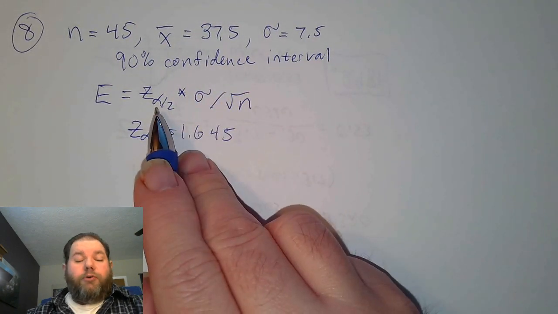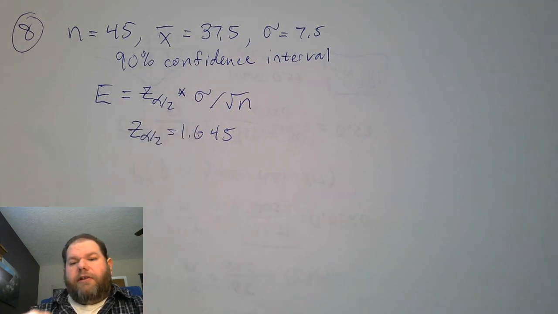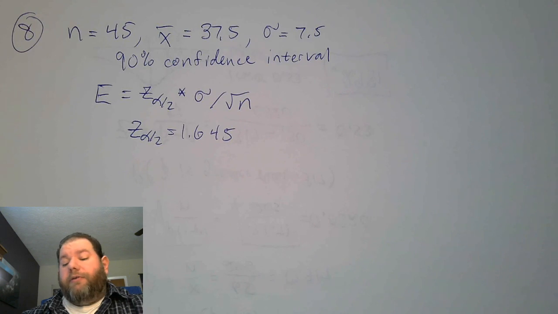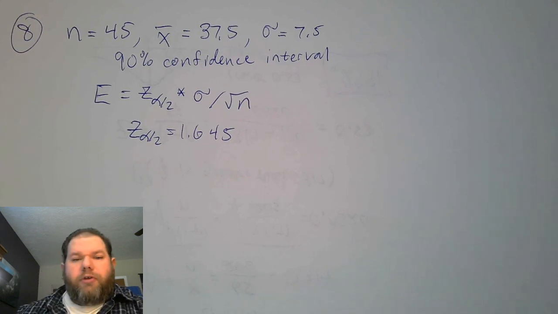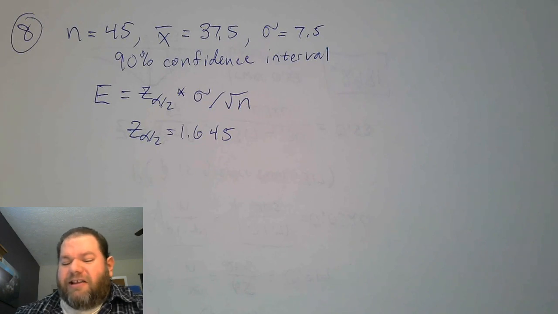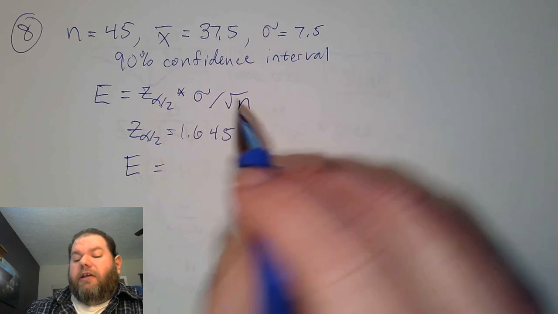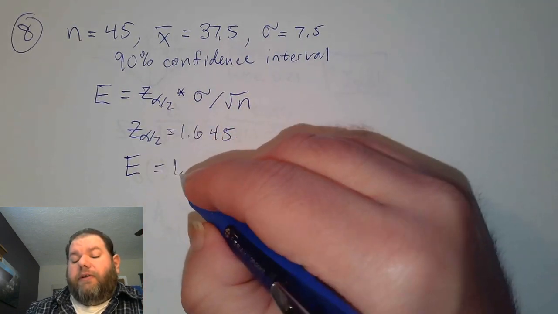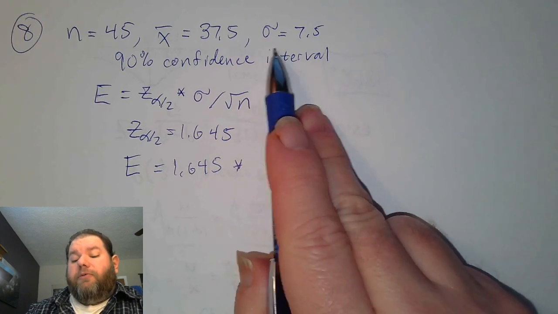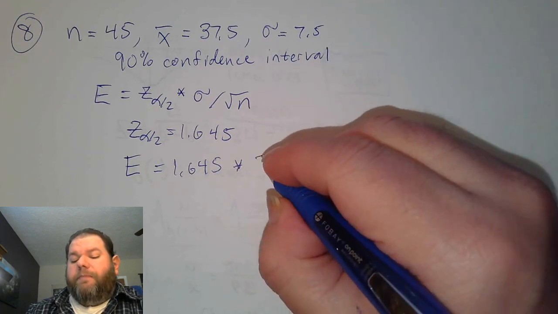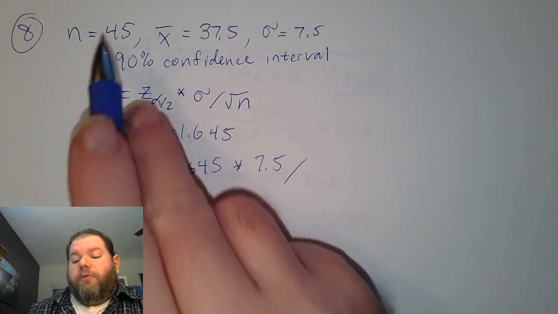You can write that as lowercase a if you prefer, if you don't want to write alpha. Alpha is kind of like a cursive a. Anyway, I draw it more like a fish. So we have E is z alpha over 2, so 1.645, times sigma, which is 7.5, and then divided by the square root of n, square root of 45.